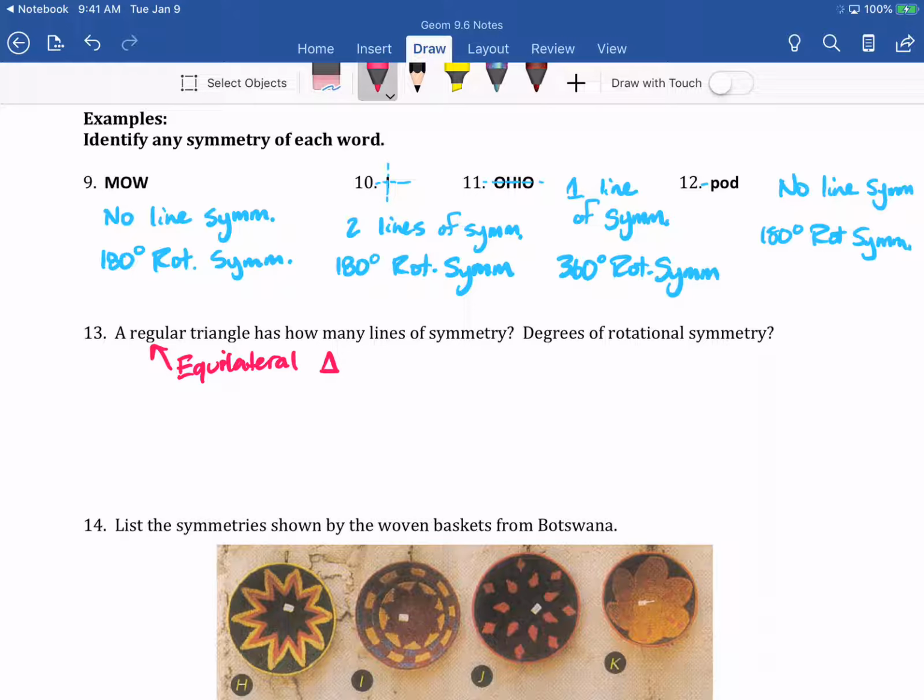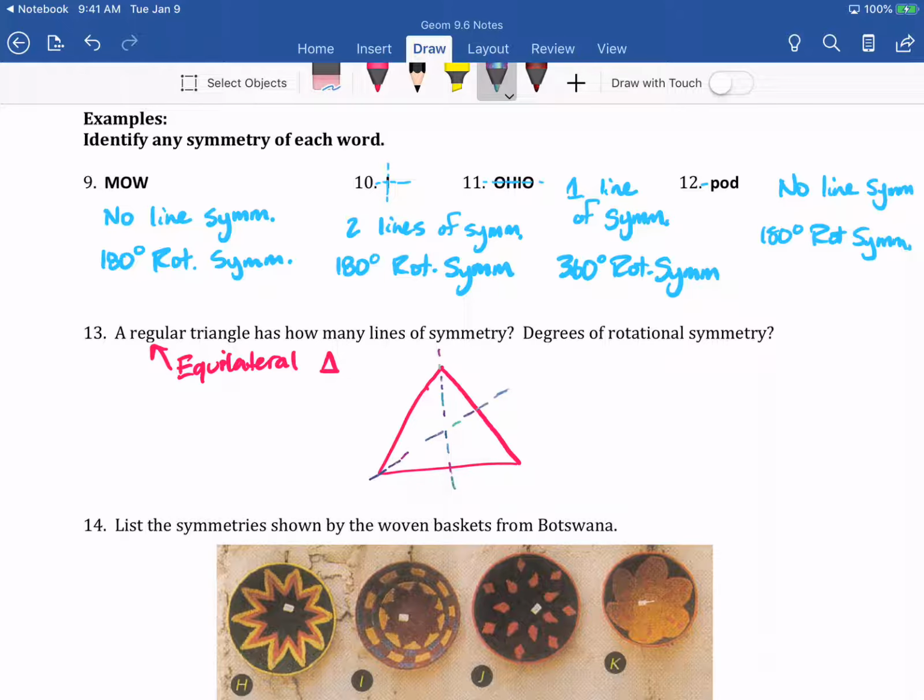So if we do our best here, this is just a sketch, so don't worry about making it perfect. Here is my equilateral triangle, and we're going to figure out how many lines of symmetry that has. So I notice I could draw this line here, be 1.